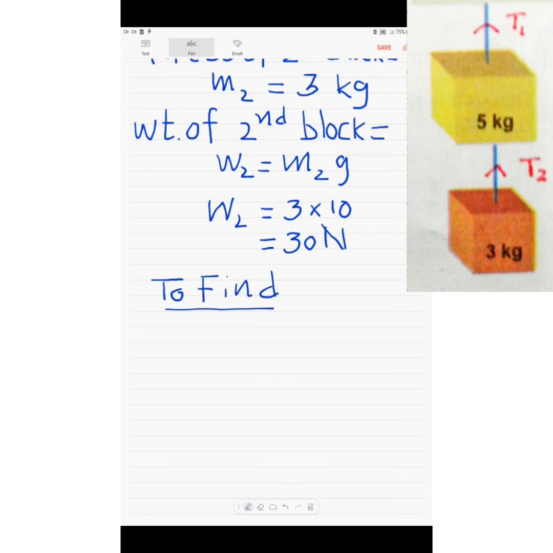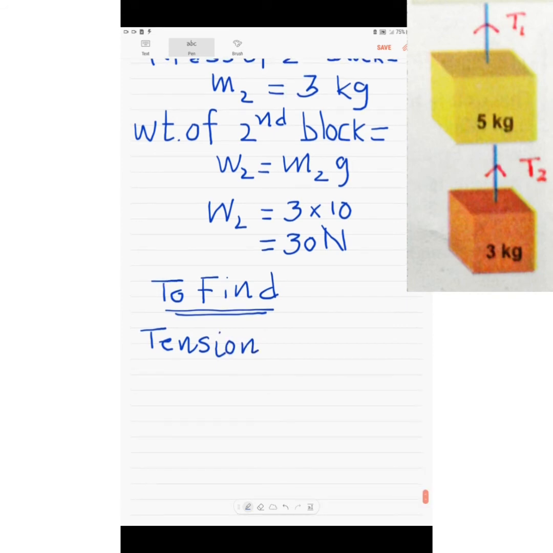To find, underline it, tension in first string is equal to T1, and you have to find it.